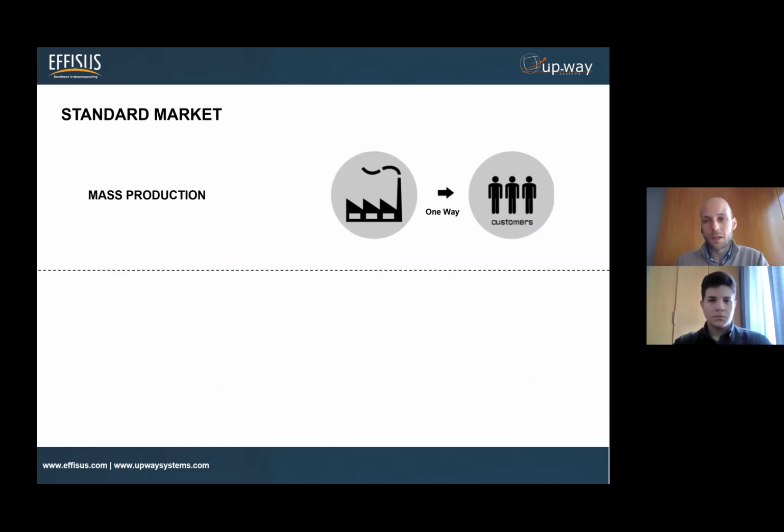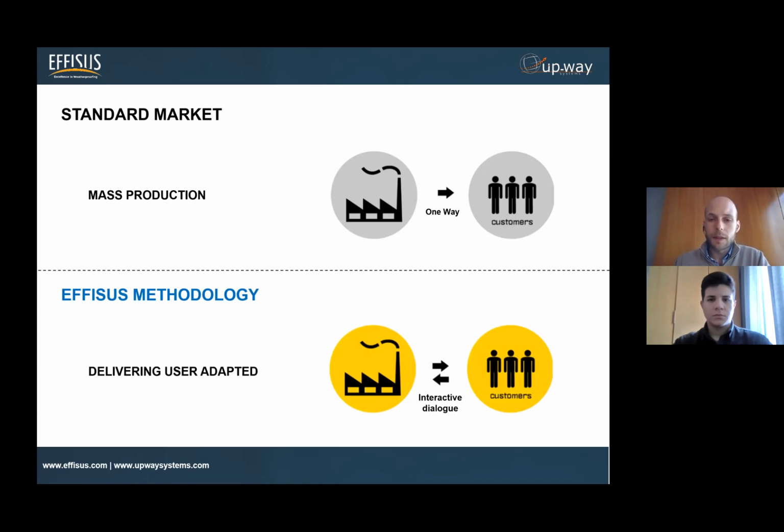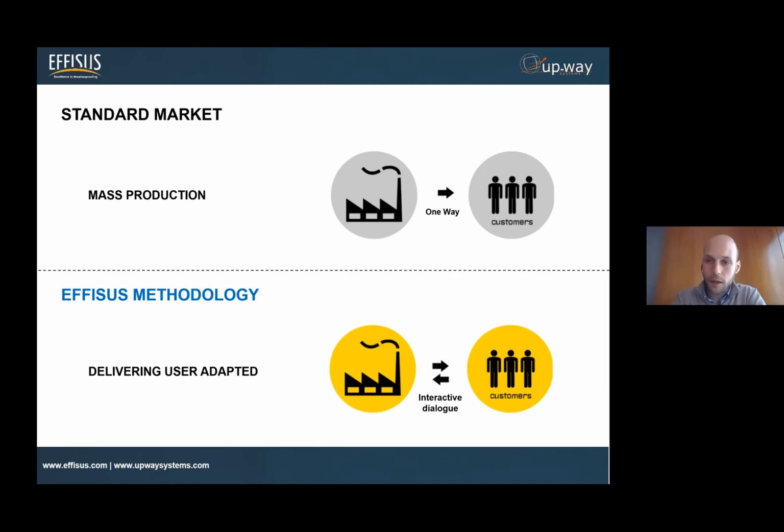So this is just a one-way interaction. But we really think that this should work in a very different way, through an interactive dialogue.